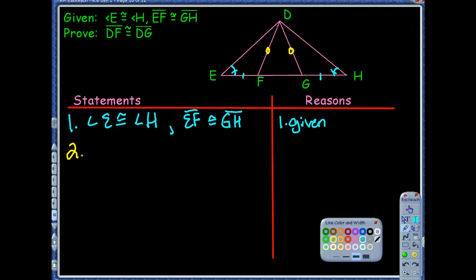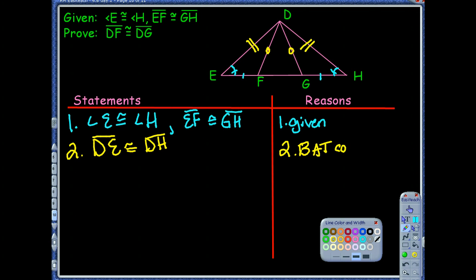If I know some base angles are congruent, then I know the opposite sides are congruent. So I could say segment DE is congruent to segment DH. Why don't you label it with two tick marks, just to be safe. And we know that because of? Well, I'm proving the segments are congruent, so that means the base angle theorem converse.